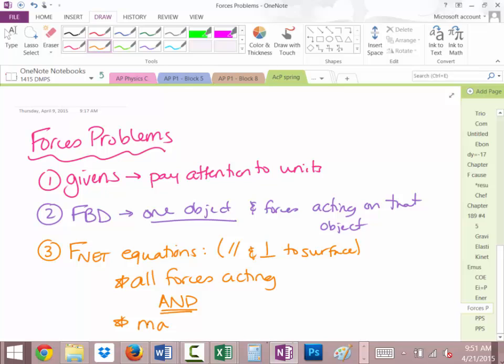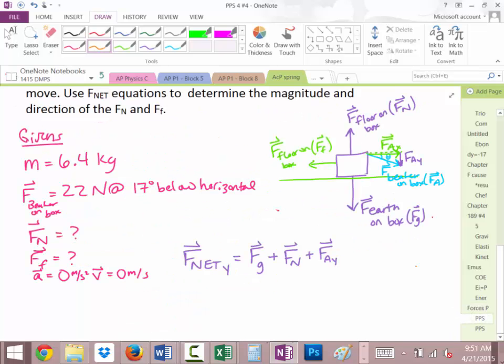Otherwise, I can't give you credit for it because you're making an assumption, but you haven't stated it, and we're not cool with that. So we need to say that that's equal to MA. But what's the acceleration in the y direction? 0. It's not flying up in the air. It's not accelerating downwards. So that's equal to 0. Are we okay?